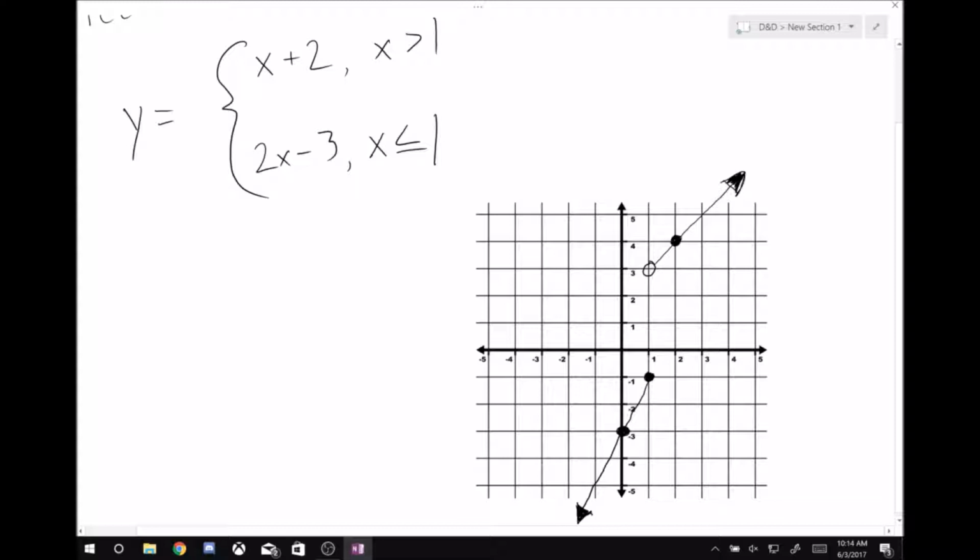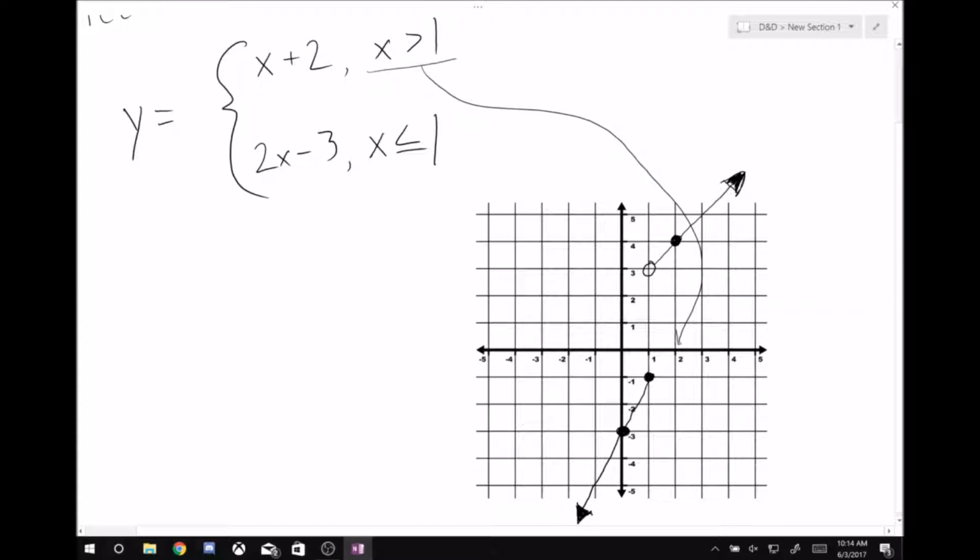Before x is 1, remember these are x values right here, negative 5, negative 4, negative 3, and so on. So before and up to the point where x is 1, which is right here, it follows the graph of 2x minus 3, which is this one right here. After that point, it's going to be greater than 1.